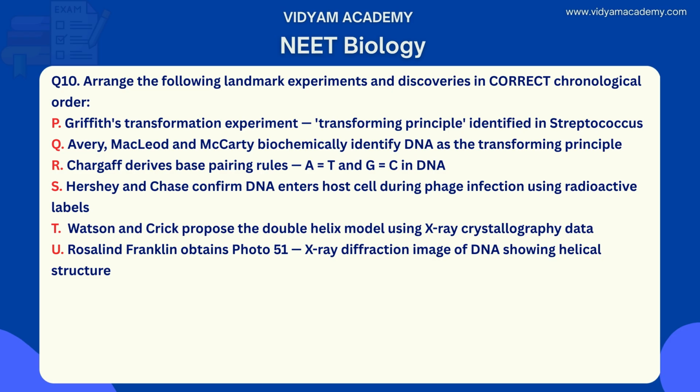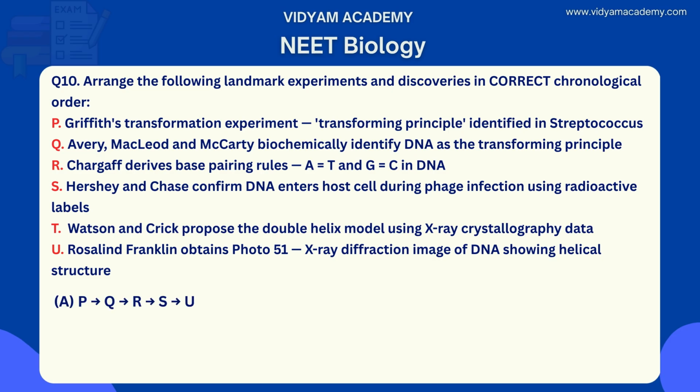S: Hershey and Chase confirmed DNA enters the host cell during phage infection using radioactive labels. T: Watson and Crick proposed the double helix model using X-ray crystallography data. And U: Rosalind Franklin obtained Photo 51, X-ray diffraction images of DNA showing helical structure.